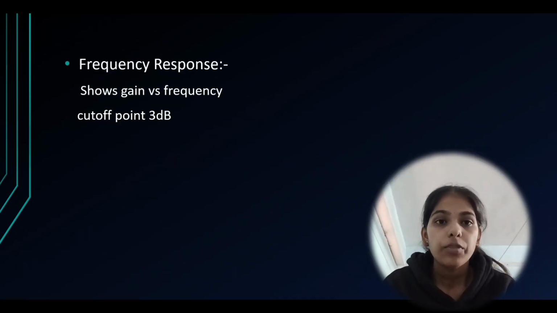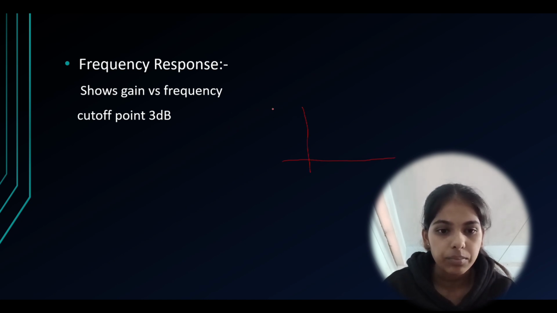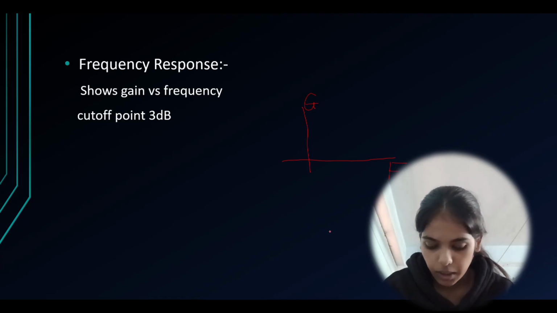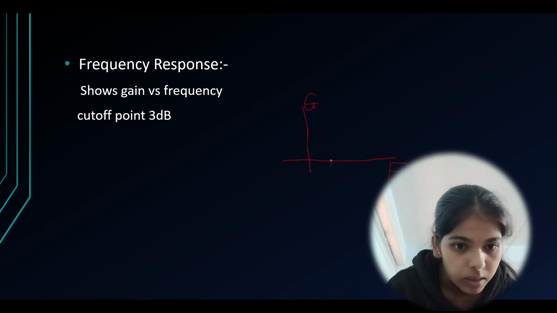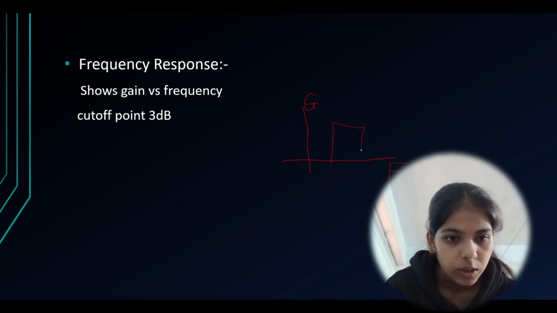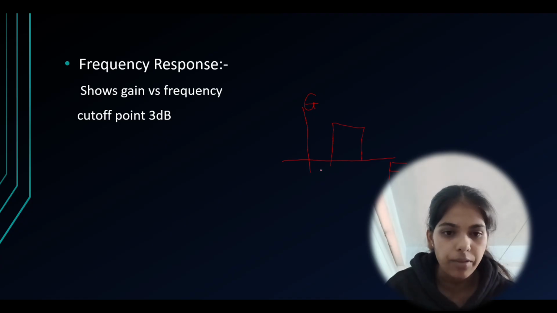So, frequency response of a power amplifier. The graph shows gain versus frequency. So let us see the gain and frequency. So this is the graph.